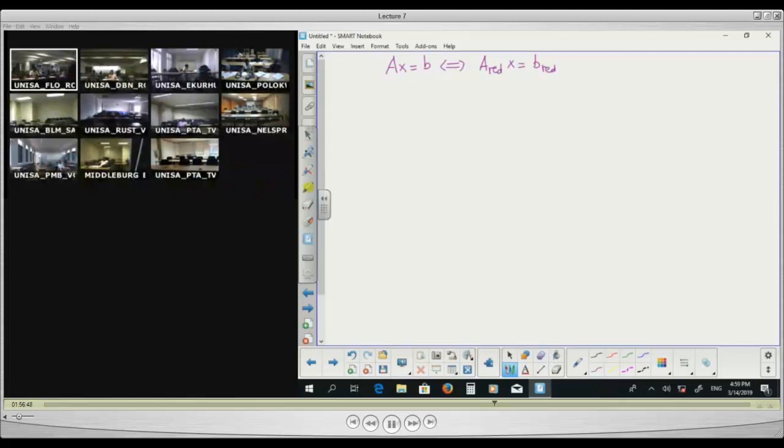From here it is easy to find the kernel of A, which is nothing else but the kernel of A red, and the image of A, which is nothing else but the span of the columns.